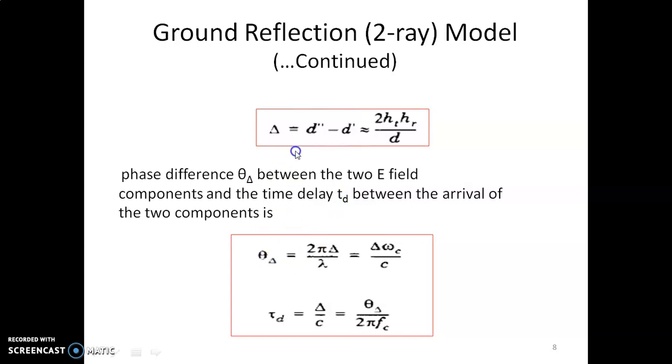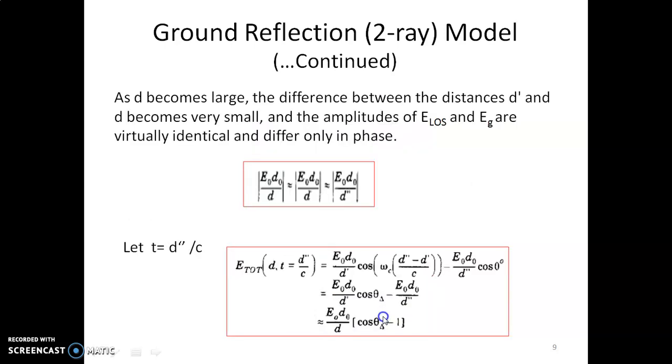So if you know this, you can calculate this. This is the phase difference, that is equal to 2 pi into path difference by lambda. This can be written as delta omega c by c. This is tau d, the time delay, that is equal to delta by c, that is equal to theta delta by 2 pi fc.